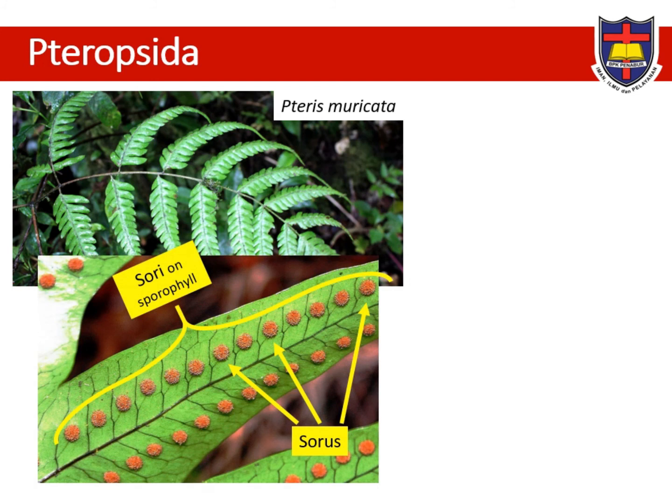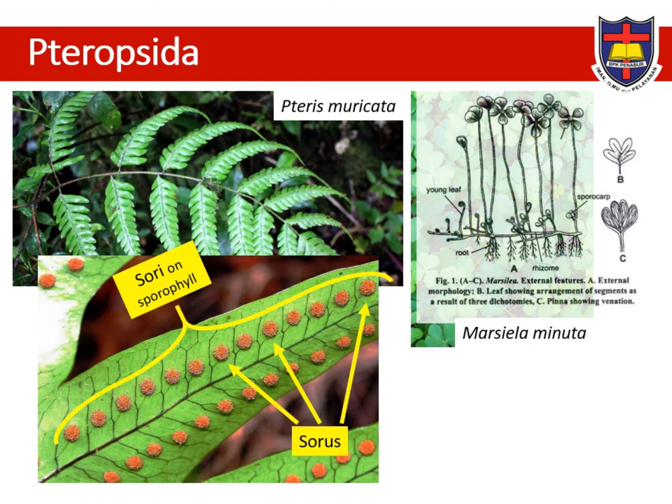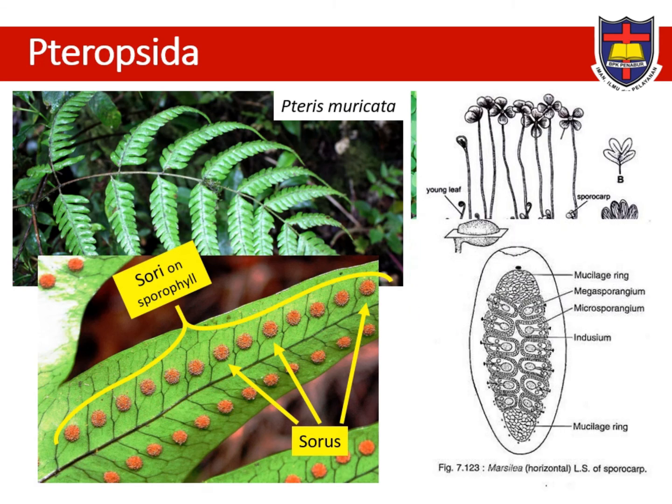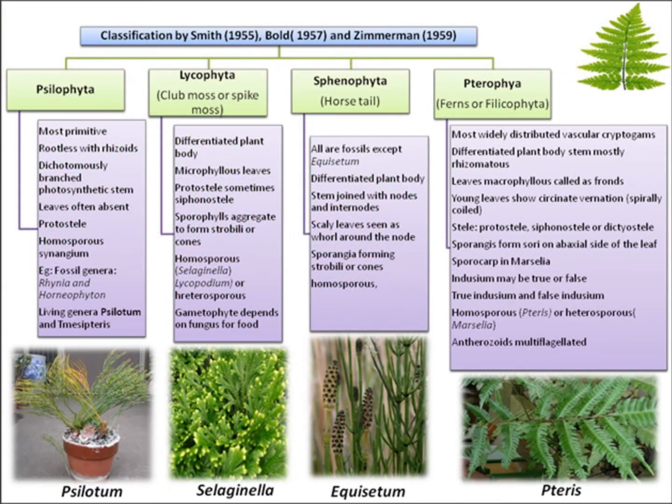Here you can see an example of Pteropsida, which is Pteris muricata and Marsilea minuta. You can see that they have sori or sorus below the surface of the leaf. Here, a conclusion about the comparison of the four groups of pteridophytes.